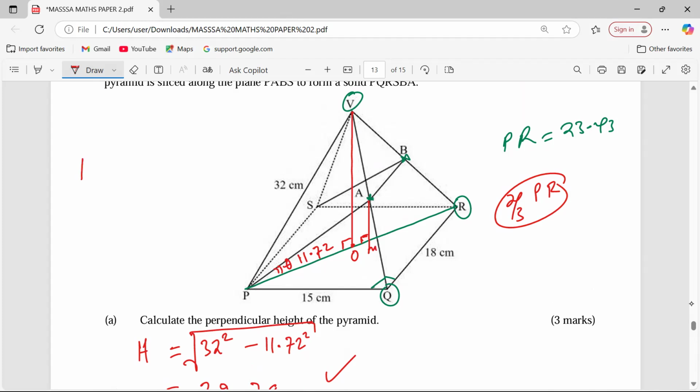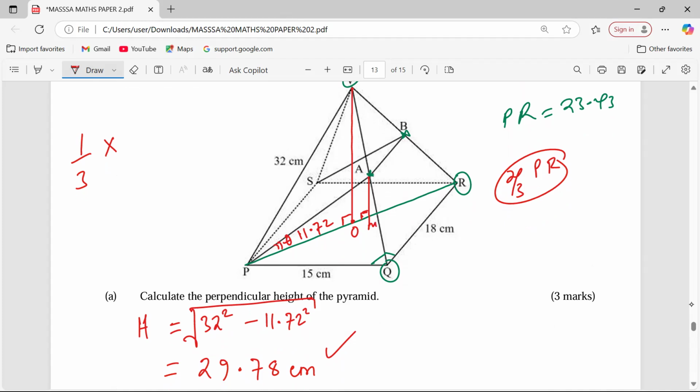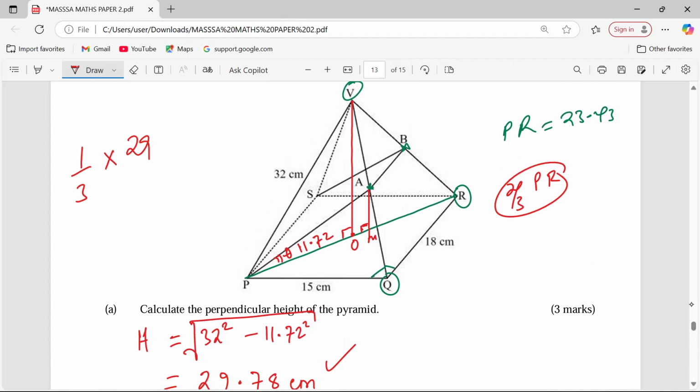Therefore, 1/3 of the vertical height, which is 29.78, will be here, assuming this point X now. So from X to O, it shall be 1/3 of the total height, which is 9.93.